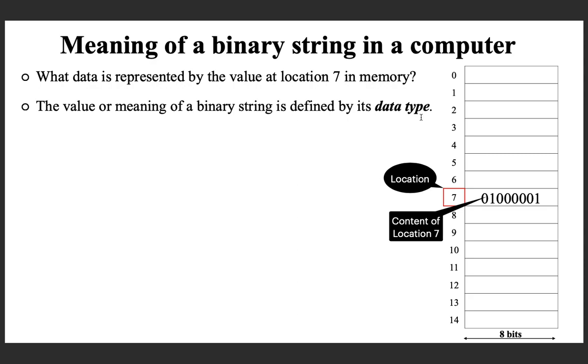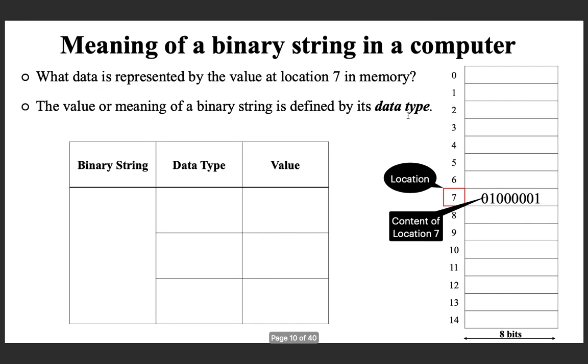How you can interpret the binary string, or what is the meaning of the binary string, is given by what is called a data type. Data type is the most fundamental aspect of any programming language.